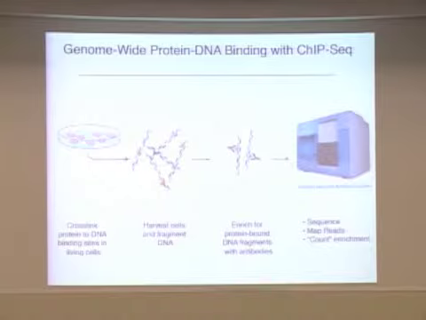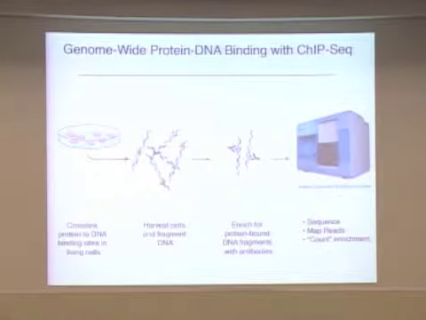A technique that was mentioned earlier by Lloyd has allowed us to look across the genome at the behavior of many of these transcription factors, chromatin regulators, and other kinds of DNA-associated proteins. It's described up here in brief.